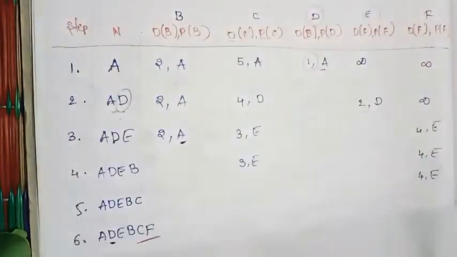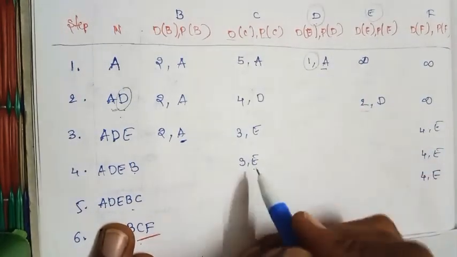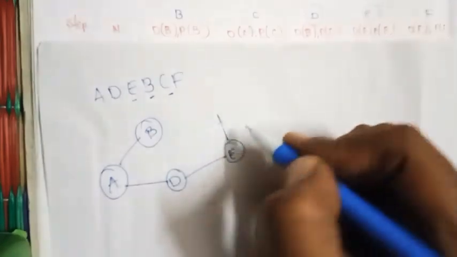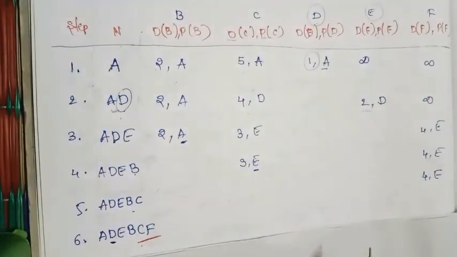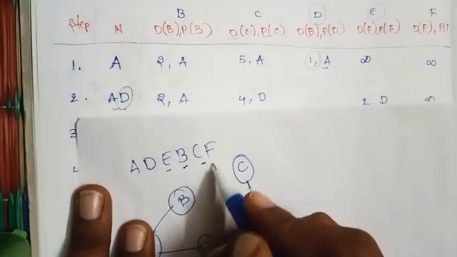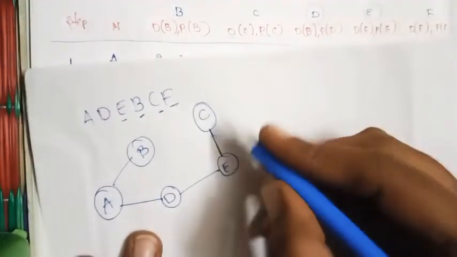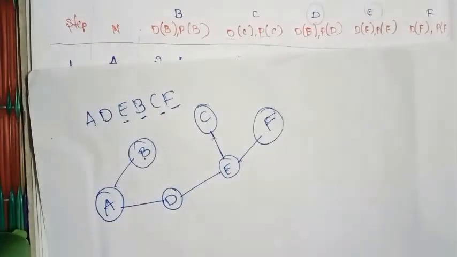Now C. Here this is the C column, and E is its previous node. Just add the C to the E. And at last we have the F. And for F, what is the previous node? E. Just add it to the E. That's it, guys.